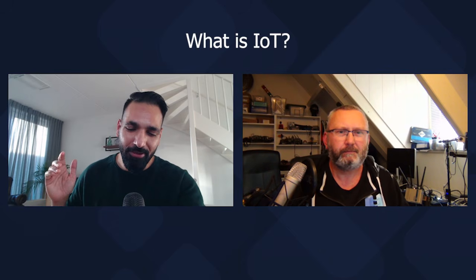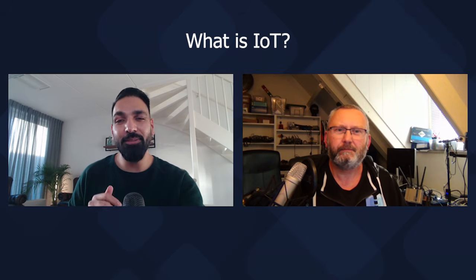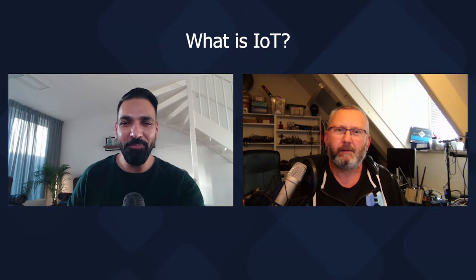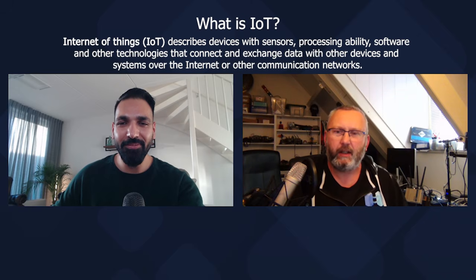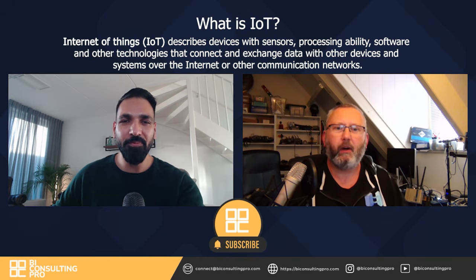Wow, that's great. So let's start with this one, because most people don't even know about IoT. What is it? Why do we really need it? If you had to explain IoT to a business person, what would that be? Well, IoT, Internet of Things, is a common name for moving data around on networks.